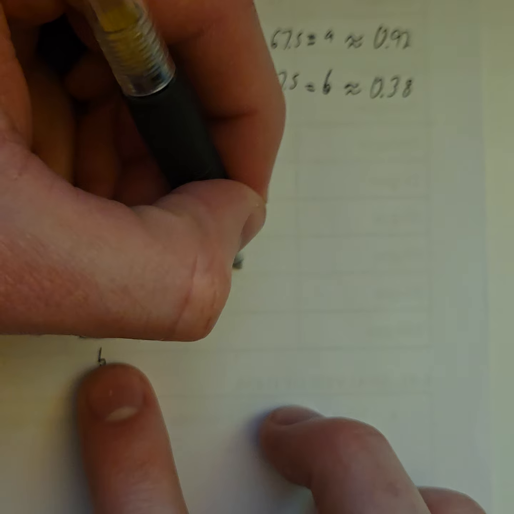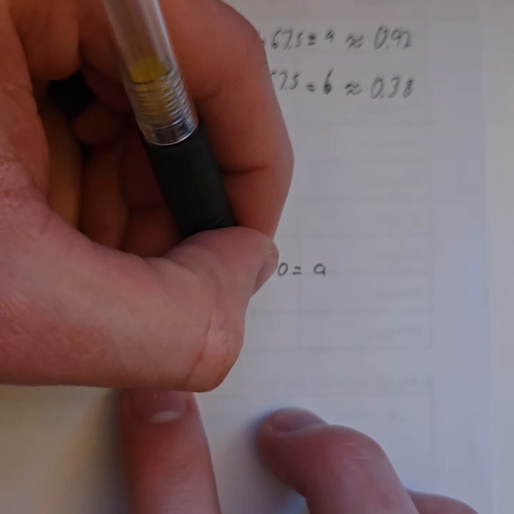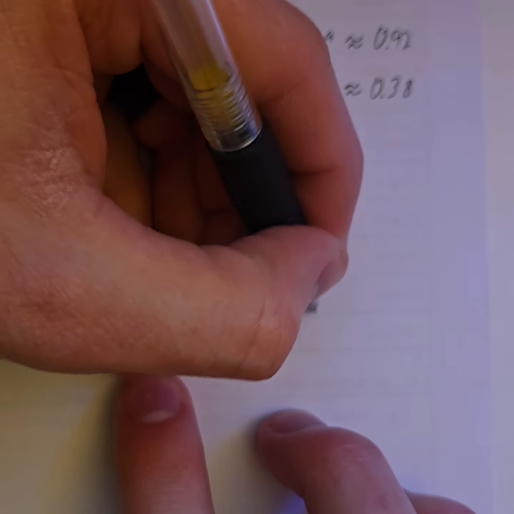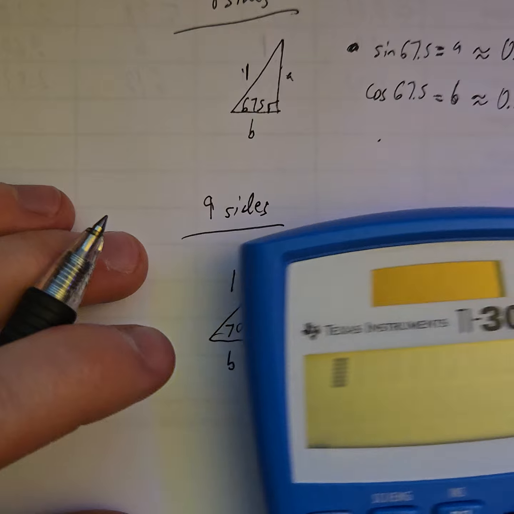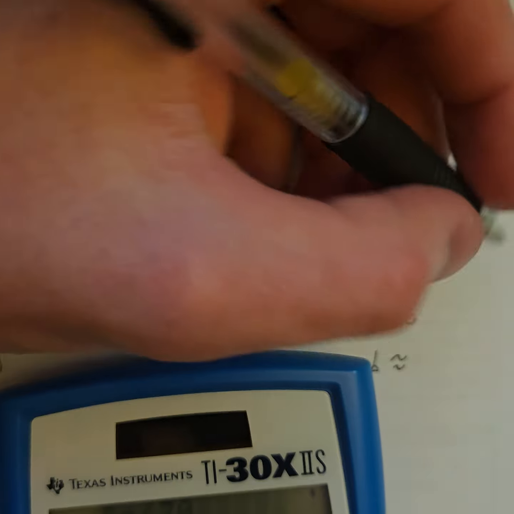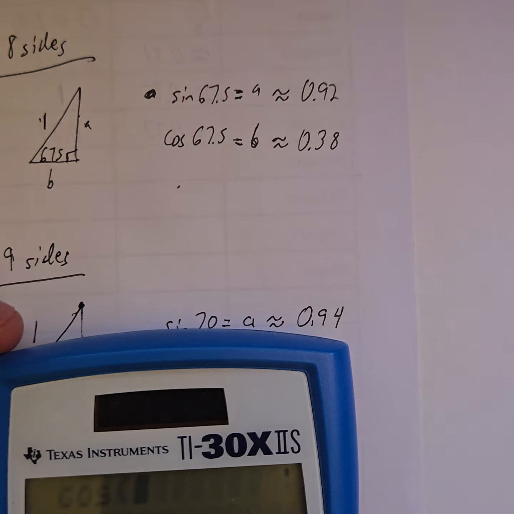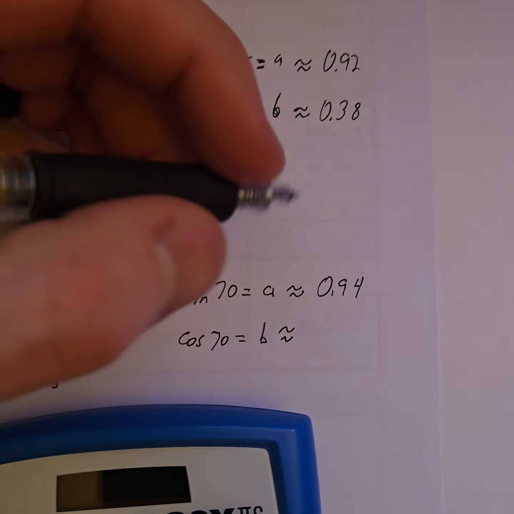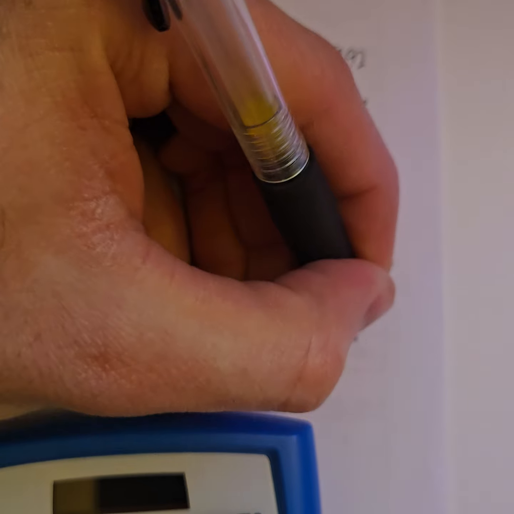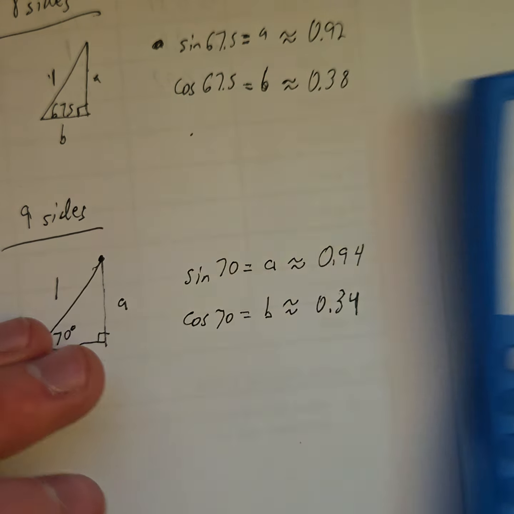So for A and B, you want to do sine of 70 and cosine of 70 for B. And let's just see what those numbers are. So for sine of 70, you should have gotten around 0.94. And our B value, cosine of 70, you should have gotten 0.34. Okay, so if you take that times 2, that'll be our side length. So there's our side length.